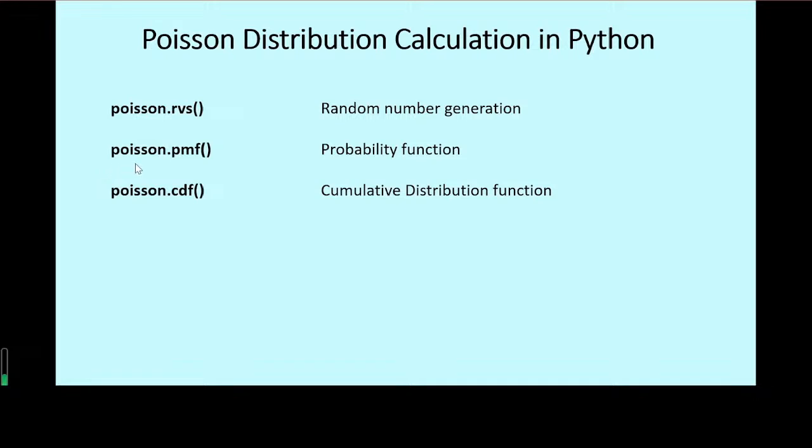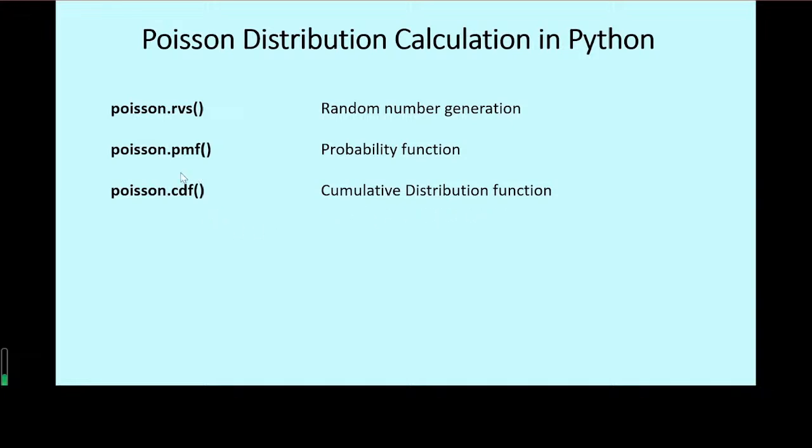The second function is Poisson.PMF. This is a probability function used to calculate the probability of this random number of occurrences in this time period. And the third is CDF, the cumulative distribution function.